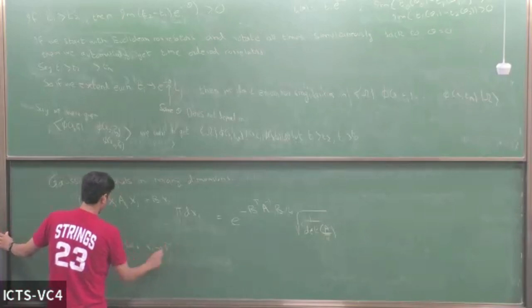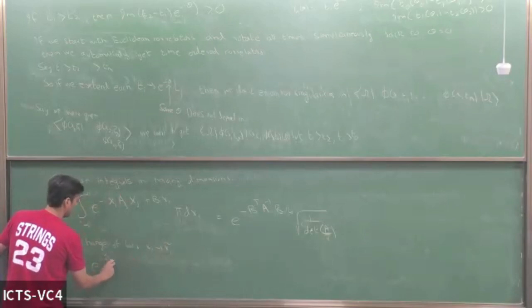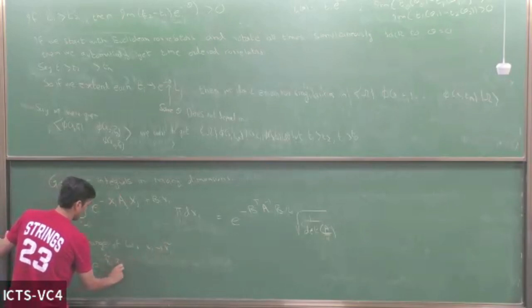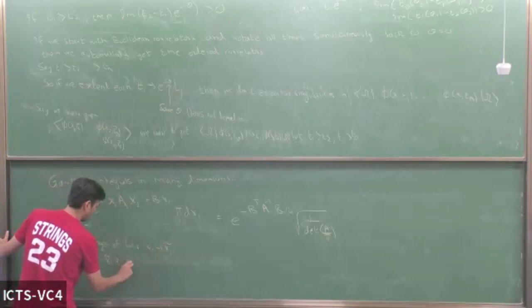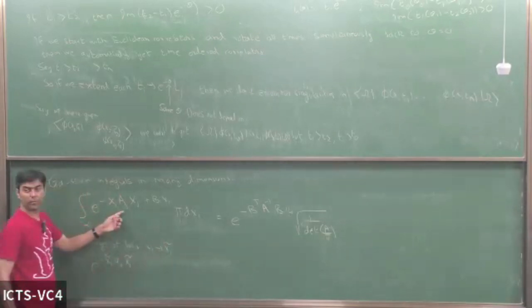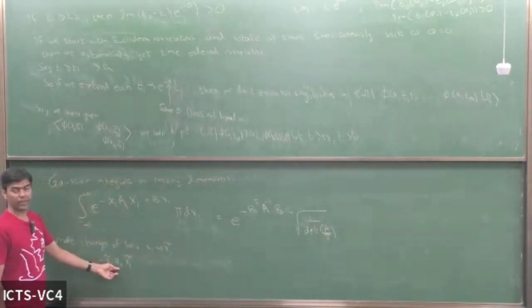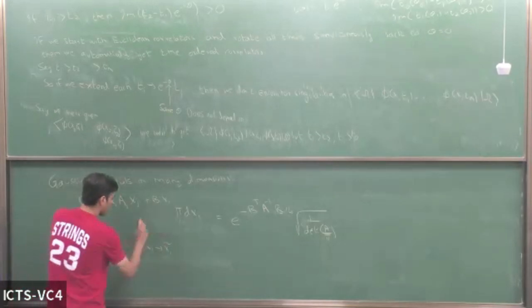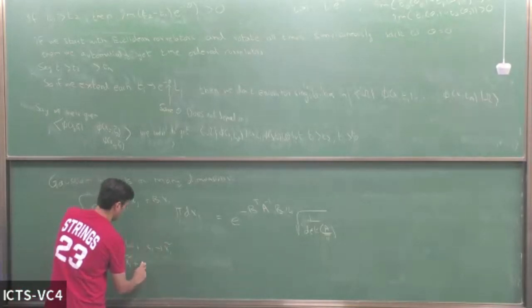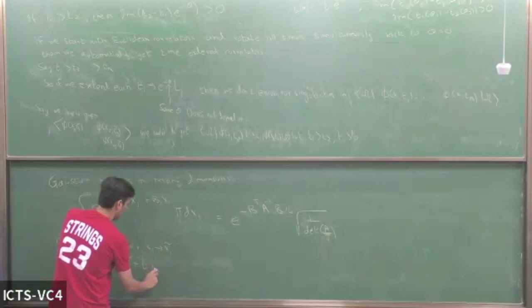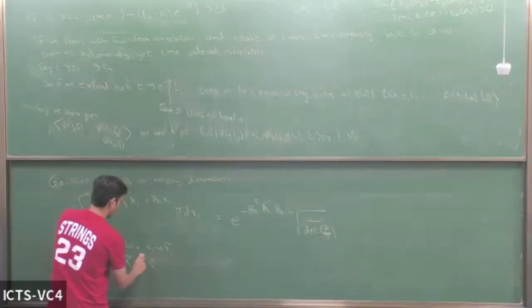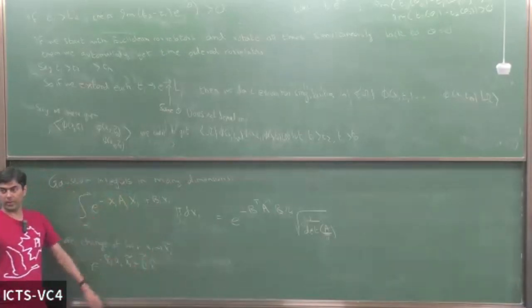Some xi tilde, and then this just looks like xi tilde times ai xi. So this matrix just gets diagonalized, and these are the eigenvalues, and this still looks like bi times xi tilde, where these are the elements of b in this different basis.